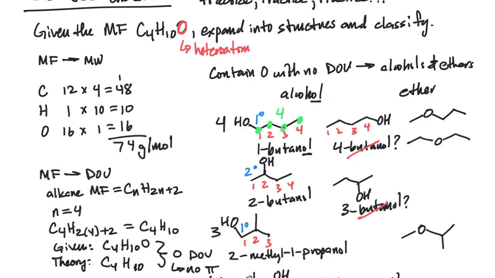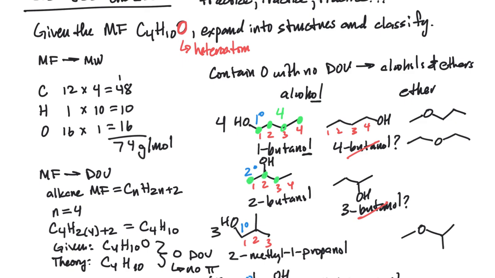Let's do the same exercise for 2-butanol, where we start at carbon 1, that's a CH3 group. We move to carbon 2 bearing the alcohol. It has to be unique because it has an OH group. We move to carbon 3, that's a CH2. It's got to be unique because none of the other ones have a CH2 yet.